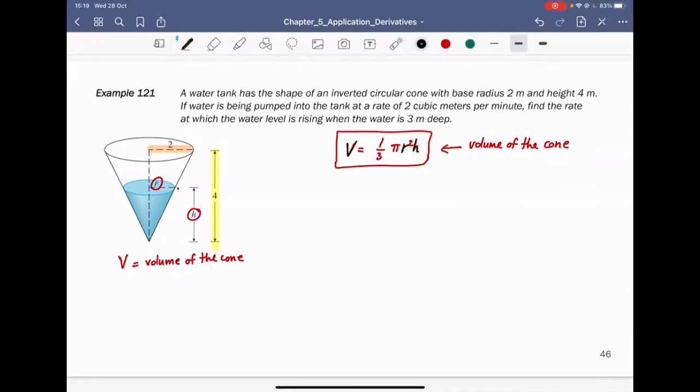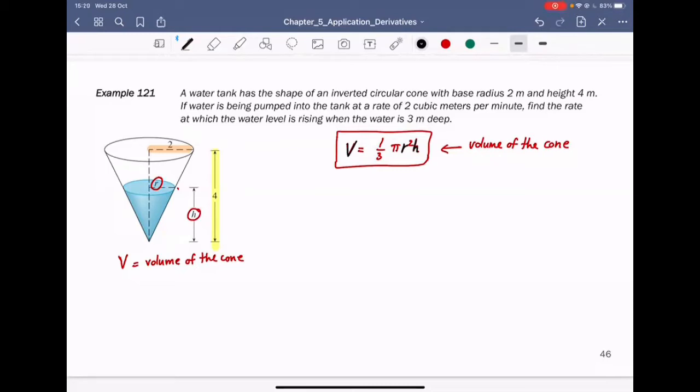However, this is a related rates problem, so you need only two variables. You need to get rid of one variable, r or h. Otherwise you're going to have too many variables and cannot do the related rates problem.